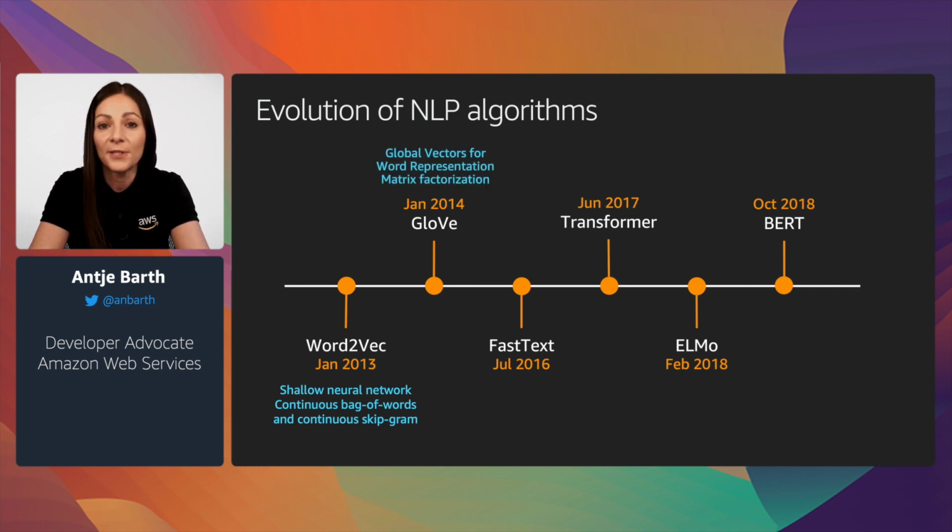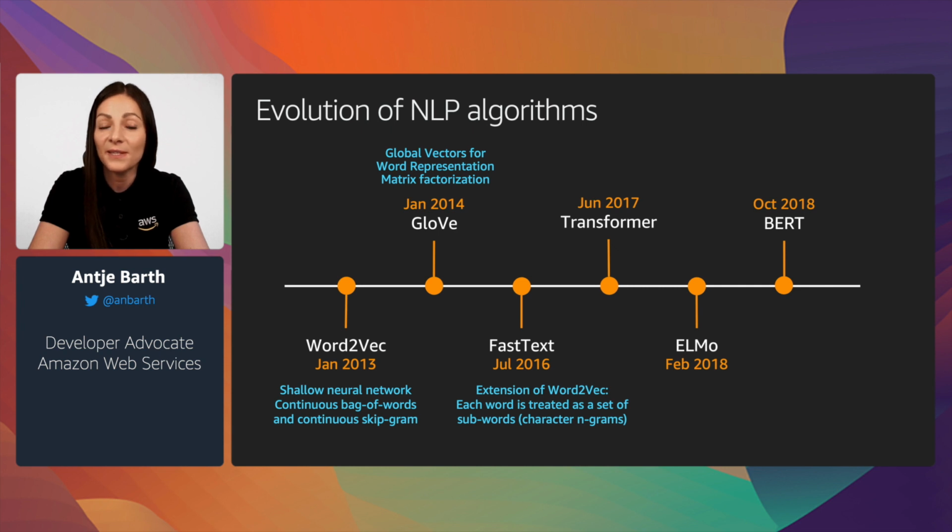Then in 2014, GloVe got released. GloVe stands for Global Vectors for Word Representation. And here the change is that GloVe actually uses matrix factorization instead of a neural network to get to those word embeddings.